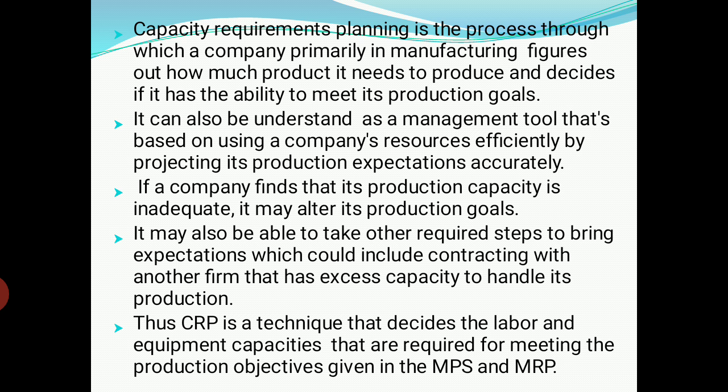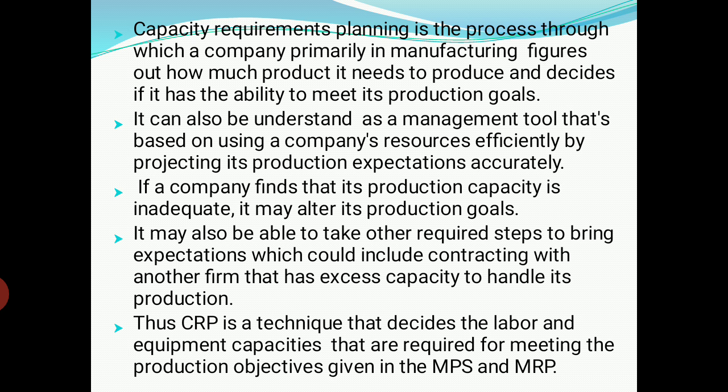If it is inadequate, then we can change the production goals to, say, 150 or 175 units, or we can change the production capacity if possible. We can also take other required steps, which could include contracting with another firm that has excess capacity to handle its production. This is one more case.